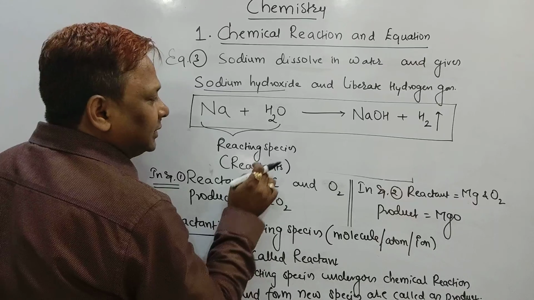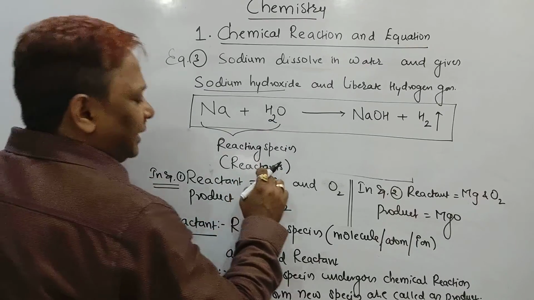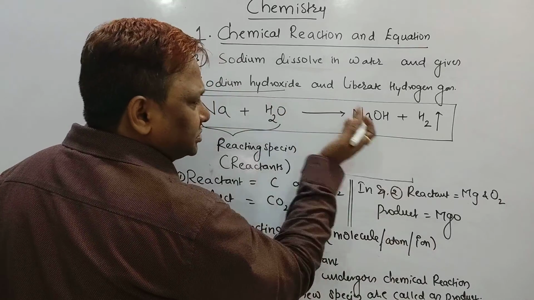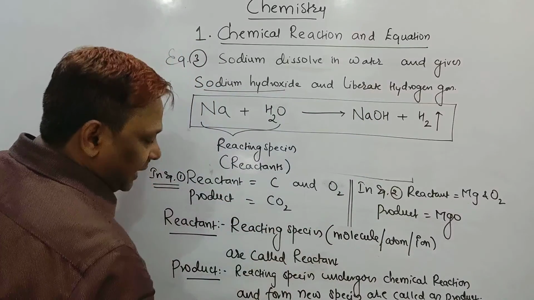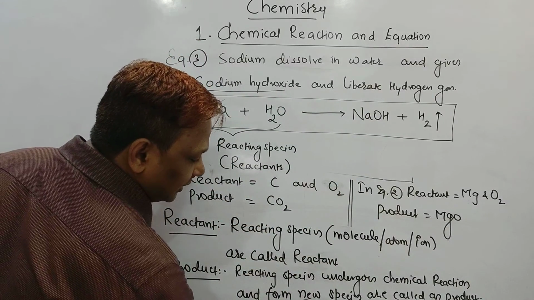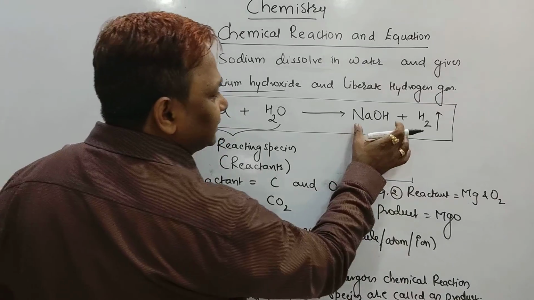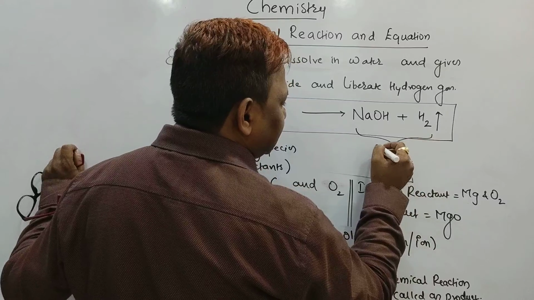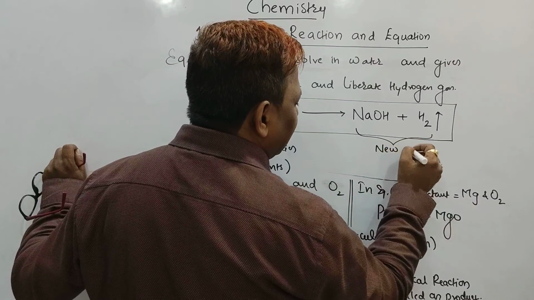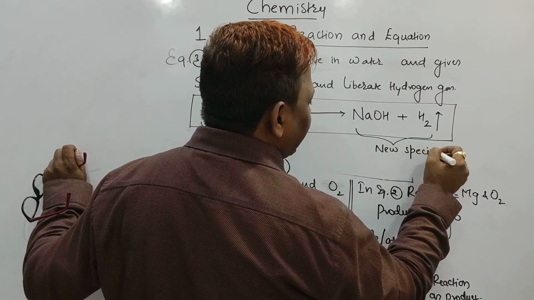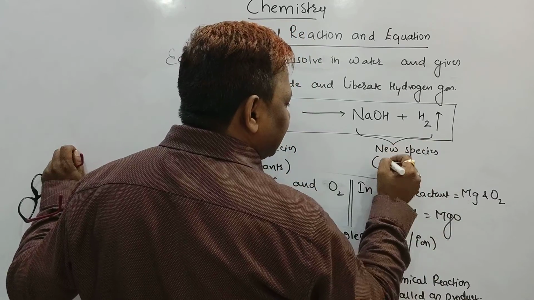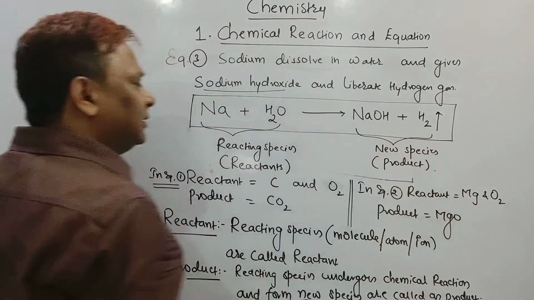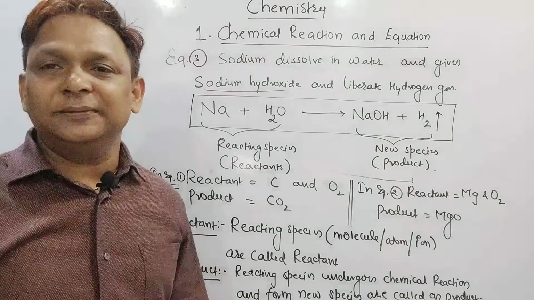Sodium is the reactant, water is the reactant, and these reacting species undergo some chemical change, chemical reactions, and they form some new species. So these new species formed during the reactions will be called the product. Right, beta? Chalo, make a note of this one.